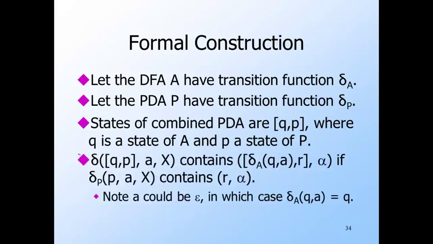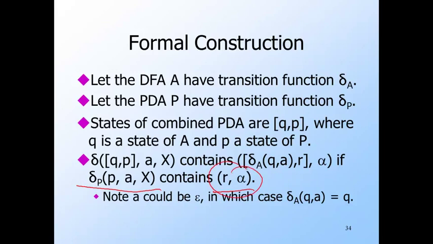and the second component, P, is a state of the PDA. Suppose the original PDA has a choice of move from state P and stack symbol X, where A is consumed from the input. That's this. A could be a real symbol or epsilon. The result of the move is that the PDA state becomes R, and X on the stack is replaced by alpha.